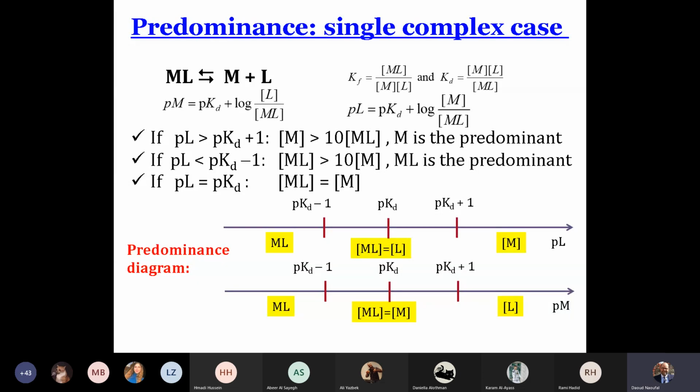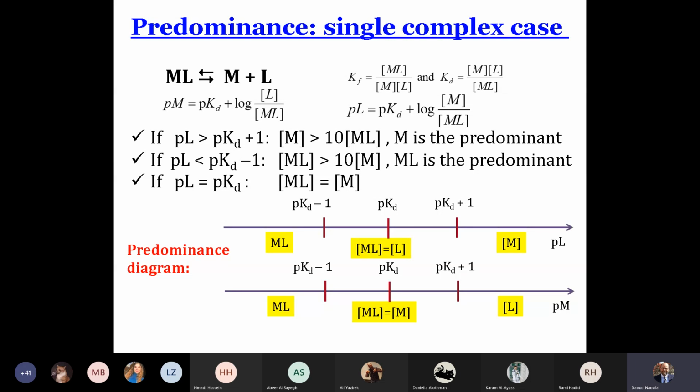In the acid-base, we have a couple HA/A minus, and the presence of the species depends on the pH of the solution. And we proved if pH is less than pKa minus 1, the acid predominates, which is the donor. And if pH is greater than pKa plus 1, the base predominates, which is the acceptor.